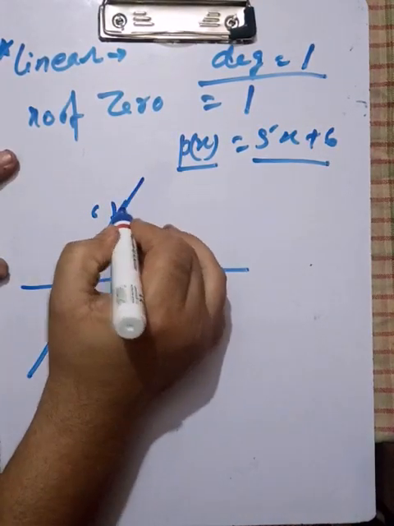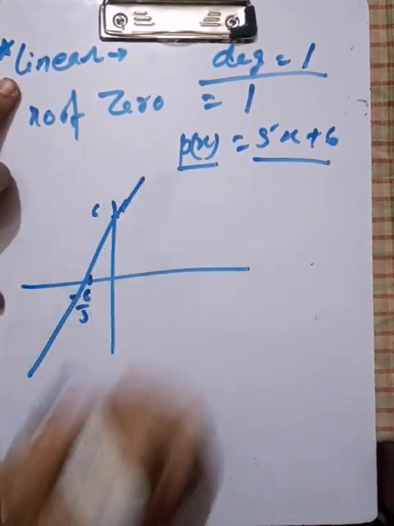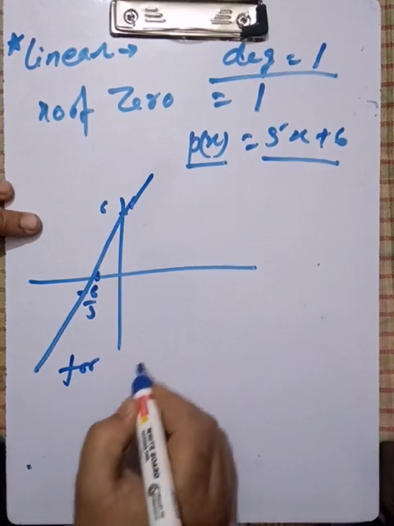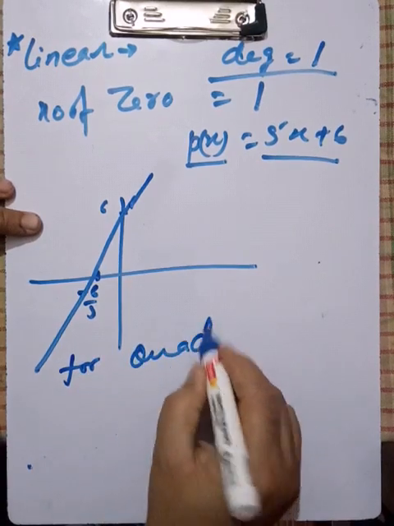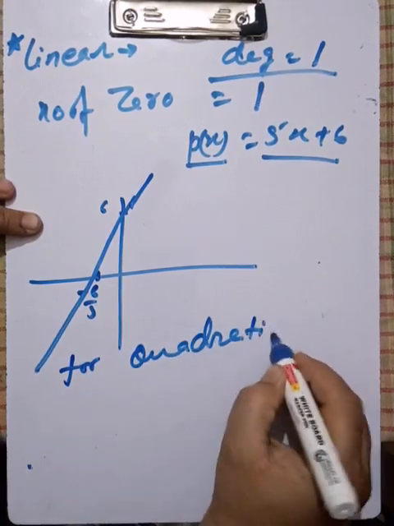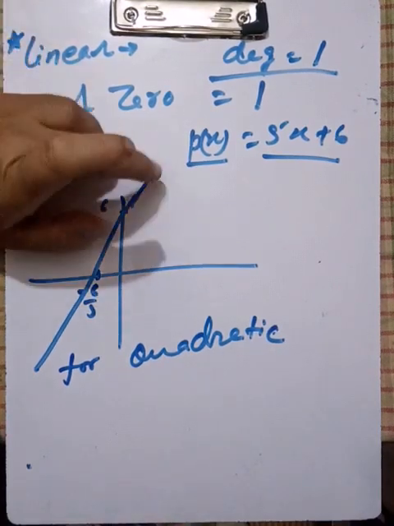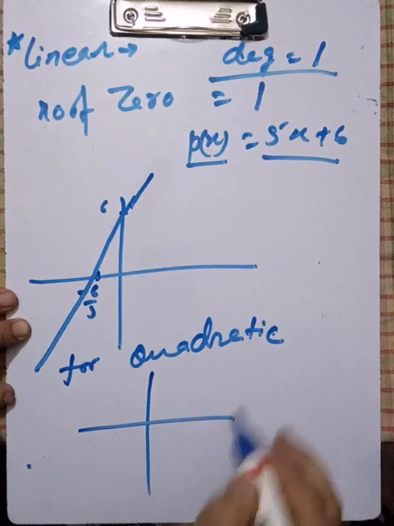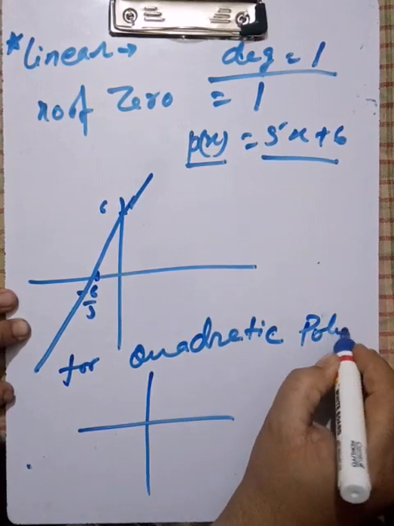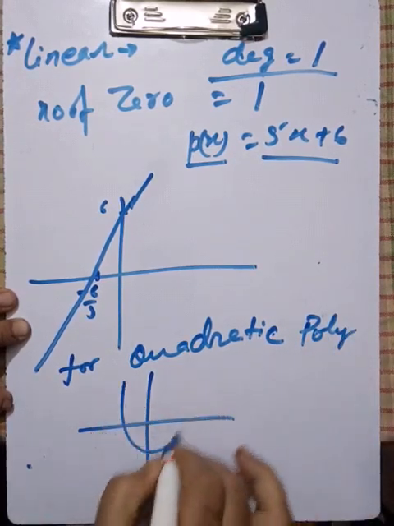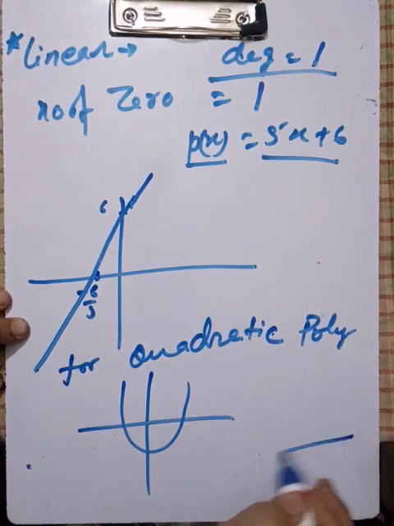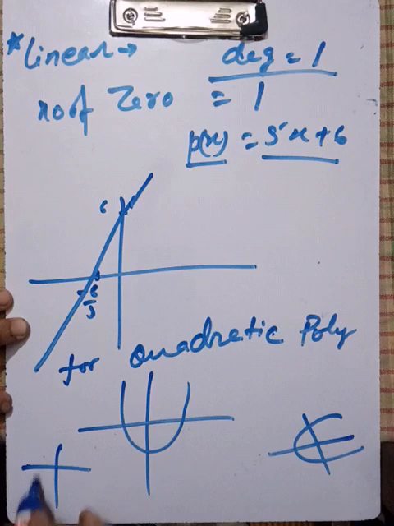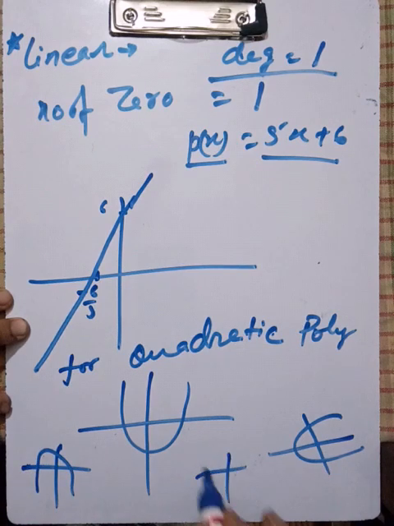So what I am telling, for linear polynomial you get a straight line, and for quadratic polynomial, I told you first time we get a curve with no fold. In the case of quadratic polynomial, we get a curve with one fold, either this way or this way or this way or this way.